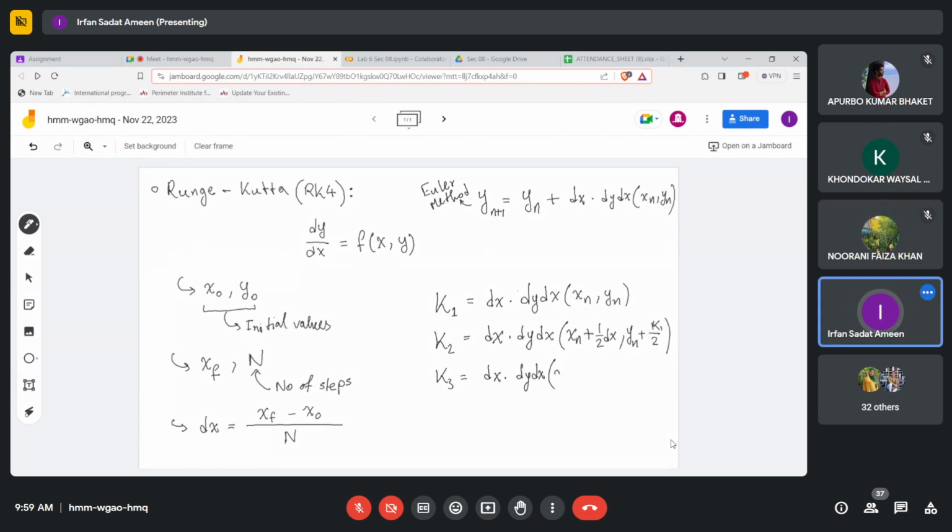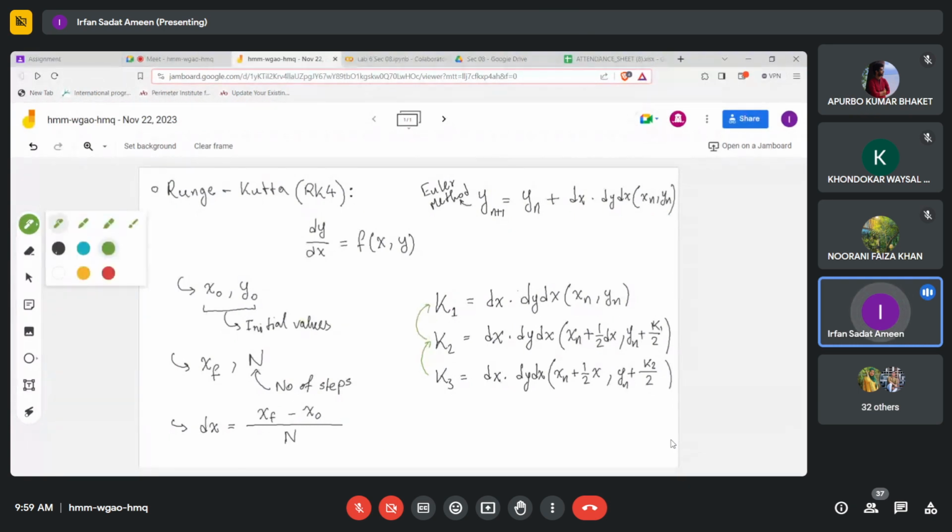Okay, so x will increase by half a step, which makes one full step in total, and y will also update by half a step. Previously the half step came from k1, but after advancing the half step we got the value of k2. So the next y step increase will be k2 by 2. So each one is dependent on the previous one. So k3 is dependent on k2 and k2 is dependent on k1.